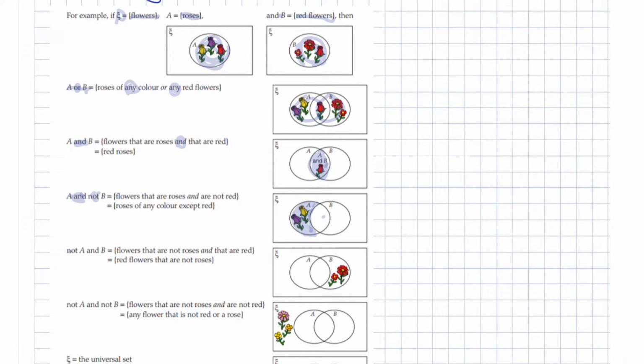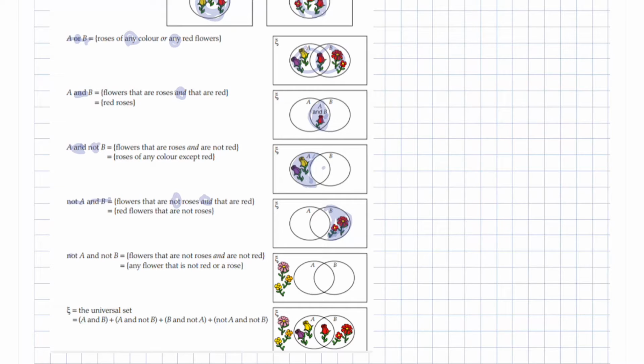Moving on, not A and B. Flowers that are not roses and they are red. So this only includes the elements of set B which are not shared. Moving on to the next one. Not A and not B. Flowers that are not roses and are not red.